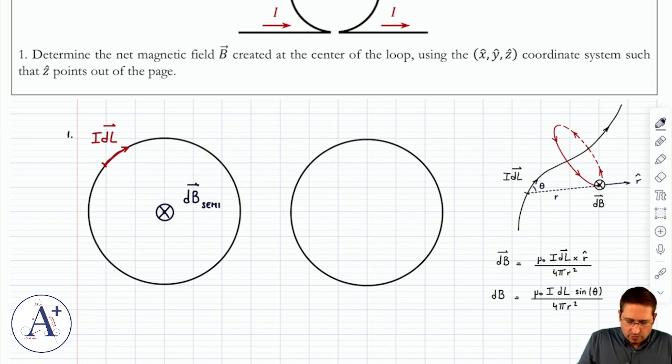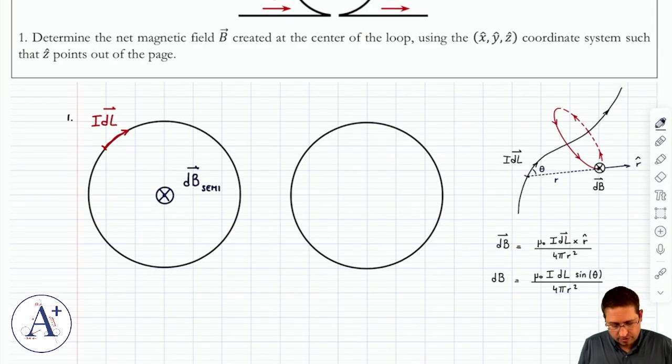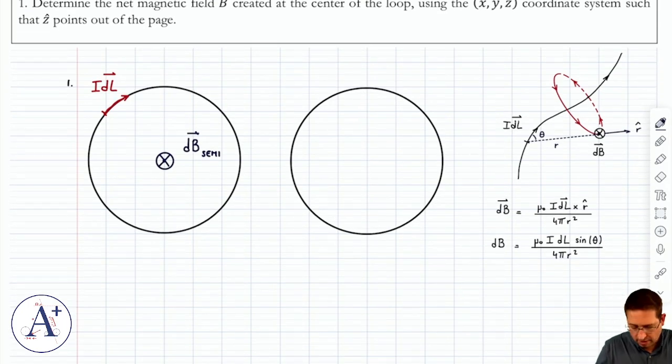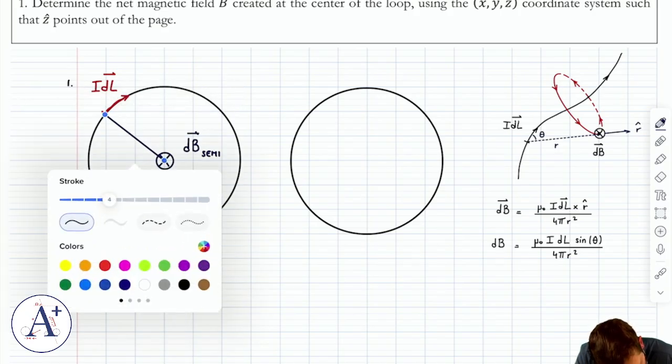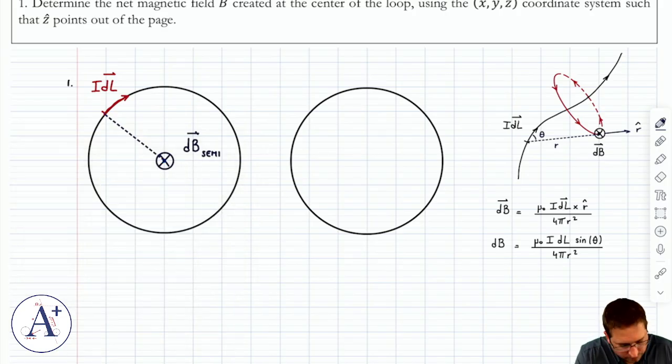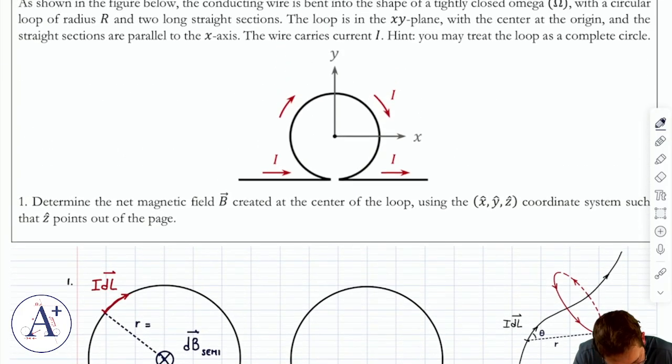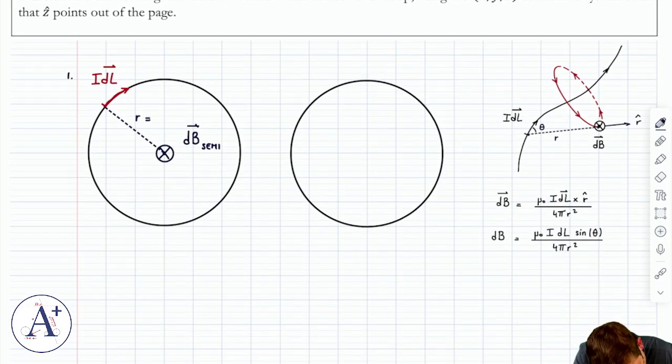Now, I need to set up Biot-Savart. So I have my cheat sheet here on the right, and I know that I need to find first the distance between the base of dl and the point where I want to find the magnetic field, which is the center of this circle. Now that's going to be little r, but of course little r is going to be big R, the radius of the circle itself.